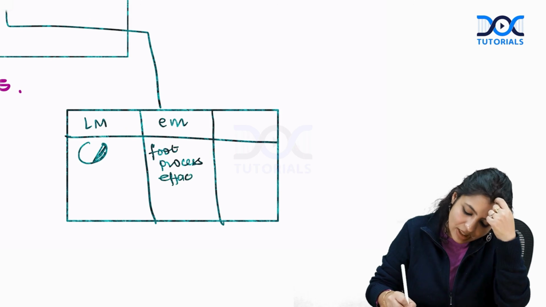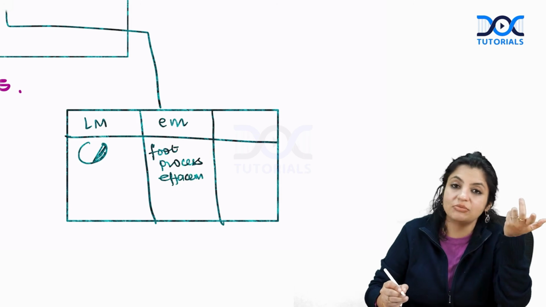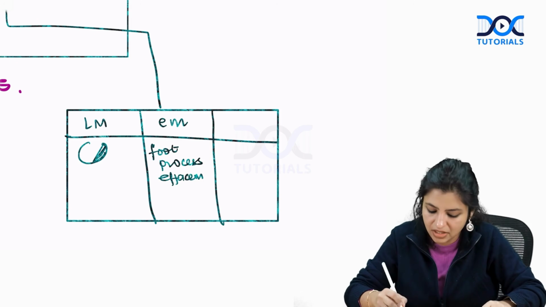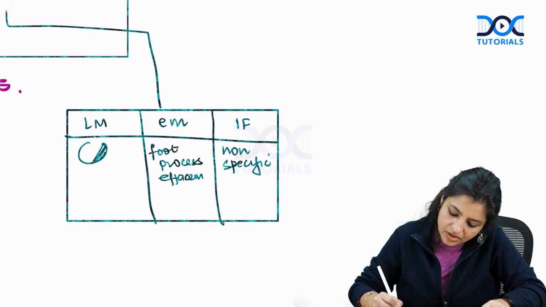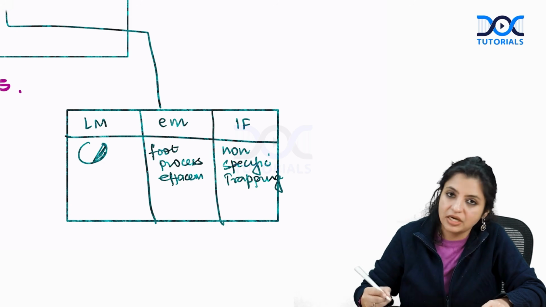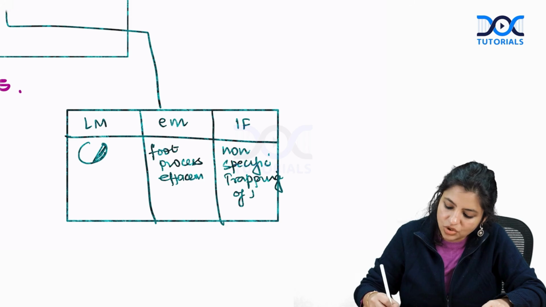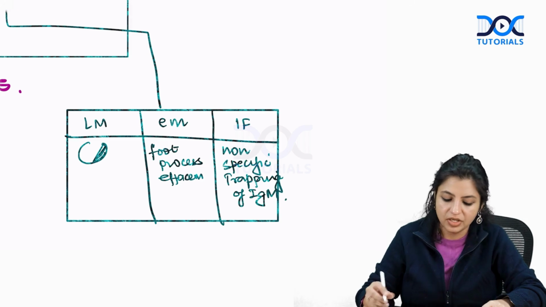So on electron microscopy, we cannot differentiate between minimal change disease and FSGS. If you do immunofluorescence, because there is a sclerosis, there is non-specific trapping of IgM. Again, it's not an immune complex mediated disease.